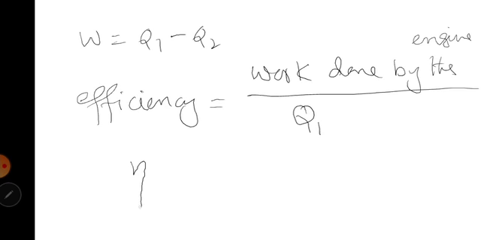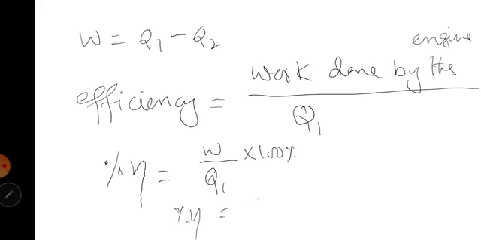This is called eta, which represents efficiency. If you write it as a percentage, you multiply by 100. So percentage efficiency is equal to Q1 minus Q2 divided by Q1 multiplied by 100%.